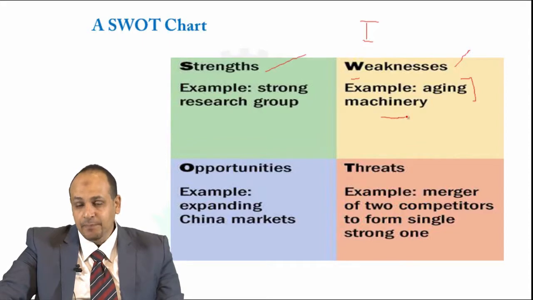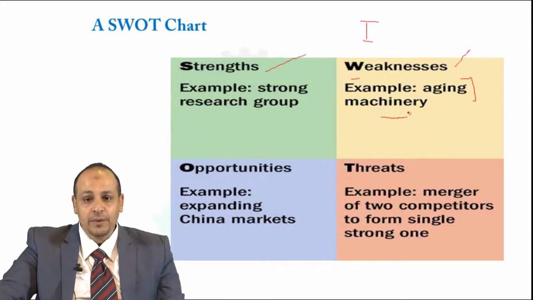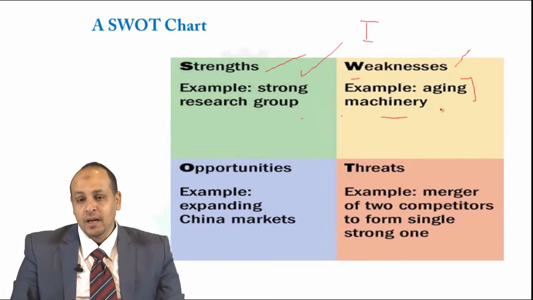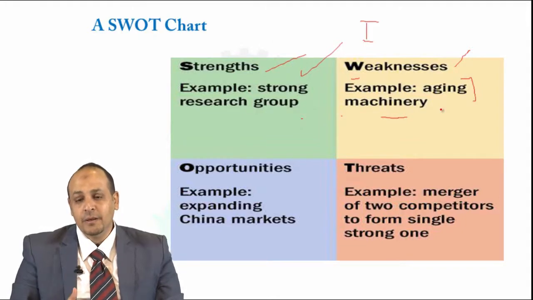Can we fix them? Can we replace them, etc.? So the point here is that we need to study the strengths and weaknesses. We study the strengths in order to use them in our strategy. We also study the weaknesses in order to come up with a solution, especially for those fatal weaknesses, the kind of weaknesses that might really hinder or determine the level of achievement.